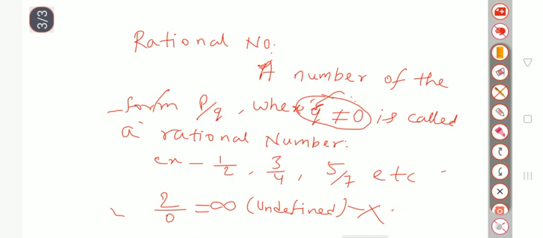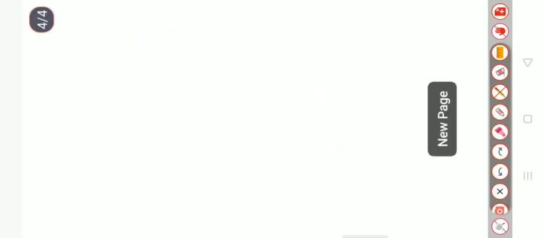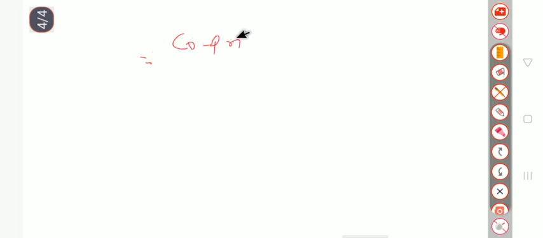Okay, now one more thing, coprime numbers. Okay, so you should know coprime number, then I will explain further part. Coprime numbers. Okay, so what is the definition of coprime number?